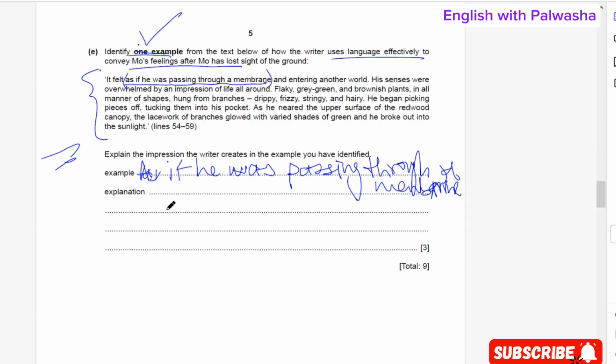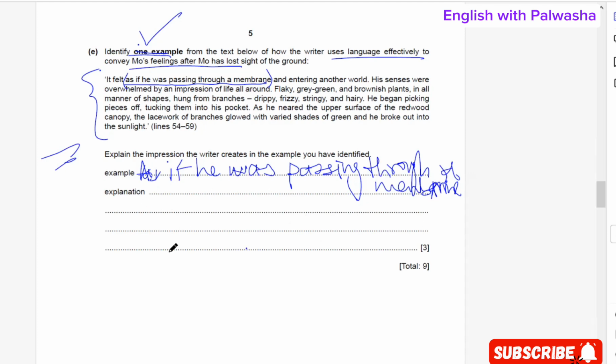Okay, so as if it was passing through a membrane, so you are going to say that the writer has used supposed language where he has explained that maybe he was moving through a barrier or breaking a cell wall. It might be reminiscent of birth or hatching. And the writer has used a supposition through which he has explained the example in an evident manner, right?